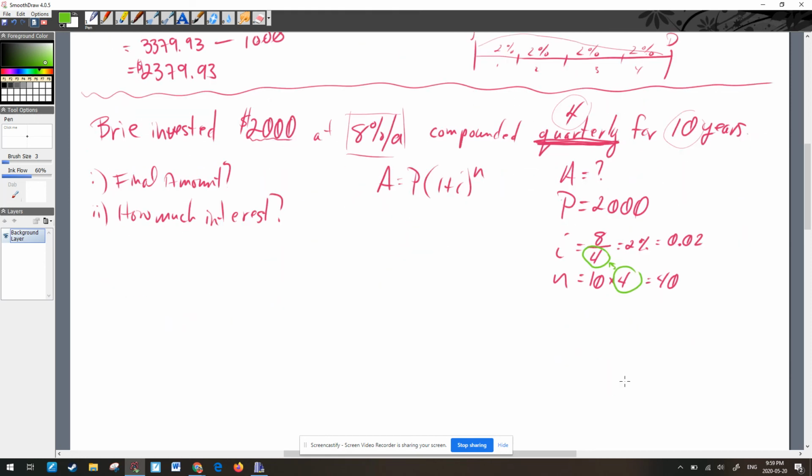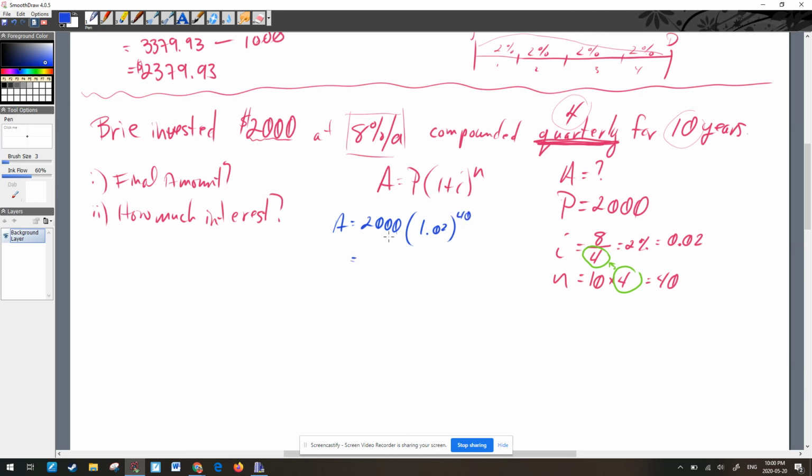So that's lovely. What we're going to do now is calculate the answers to these things. So we're going to take this formula, we're going to substitute these things in. So A is equal to, principal is 2,000. It's going to be 1 plus 0.02, so just 1.02 to the exponent 40.